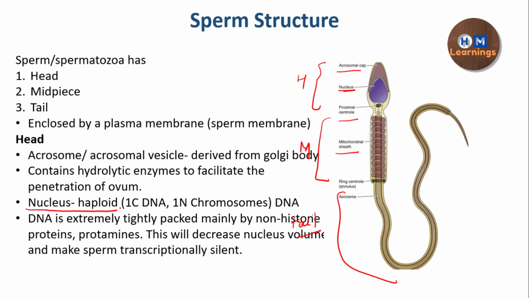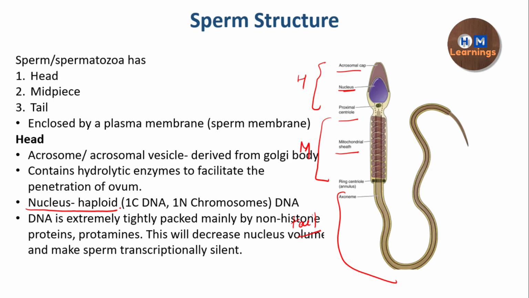So basically here also there is DNA packaging in the nucleus, and DNA is extremely tightly packaged. Primarily, 85 to 95% of the DNA packaging here is done by non-histone proteins, which are somewhat like histones. These are also positively charged, rich in basic amino acids such as lysine and arginine, and are called protamines.